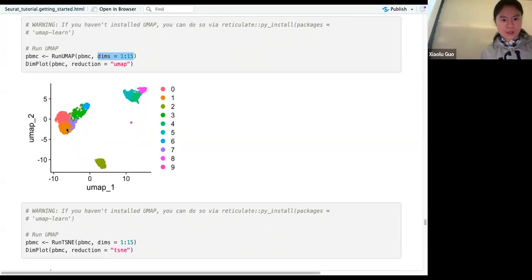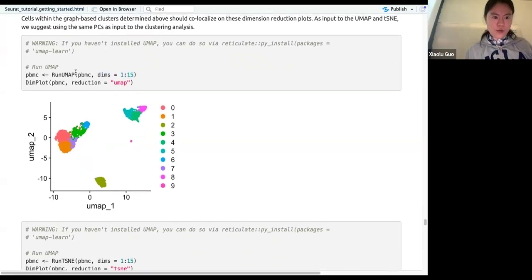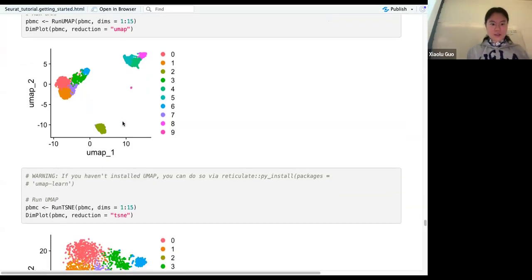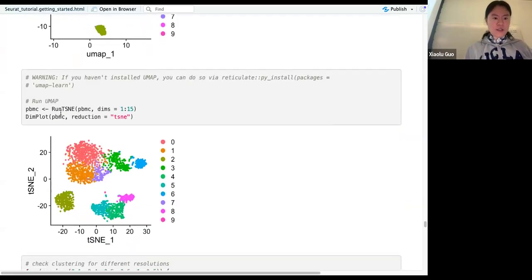Then we can see how it looks for resolution parameter 1.5. We have 10 clusters, with 5 clusters here, 3 clusters here, and 1 cluster here. It might hide some clusters. Another visualization we can try is t-SNE.